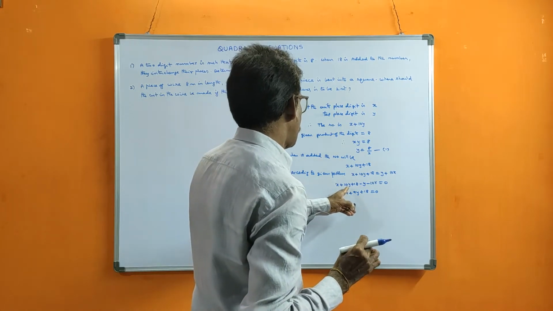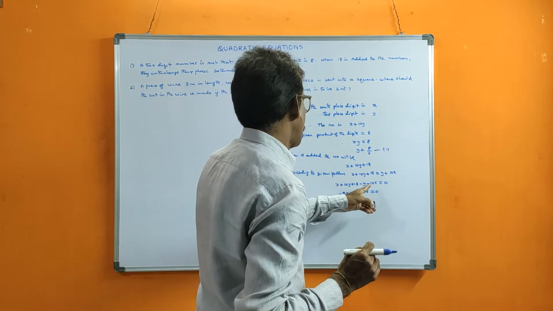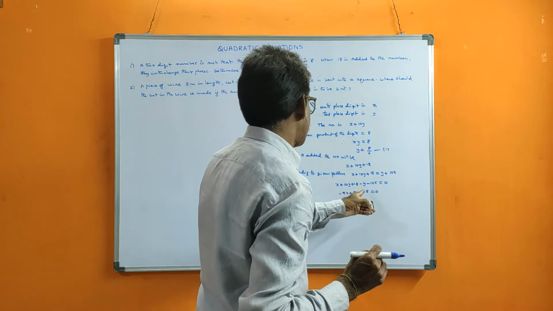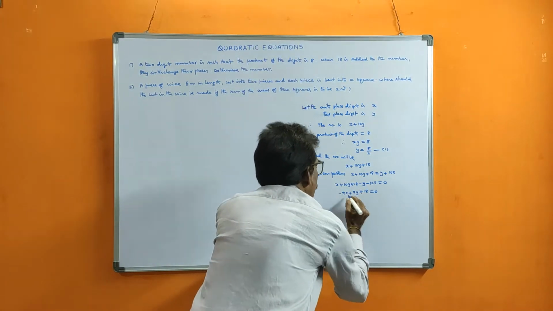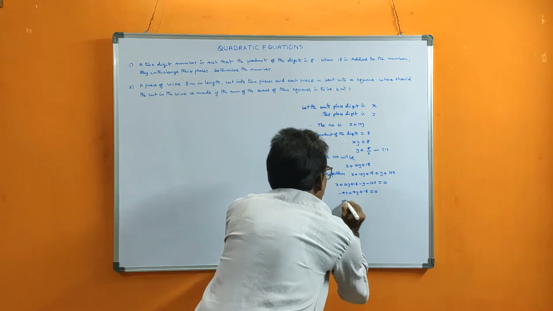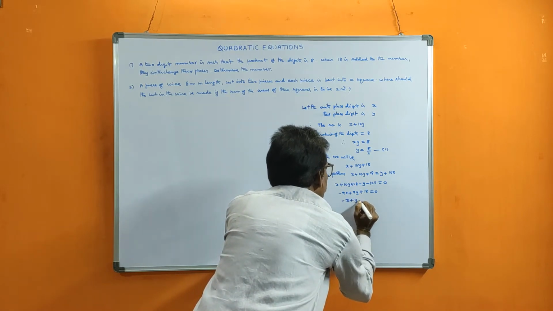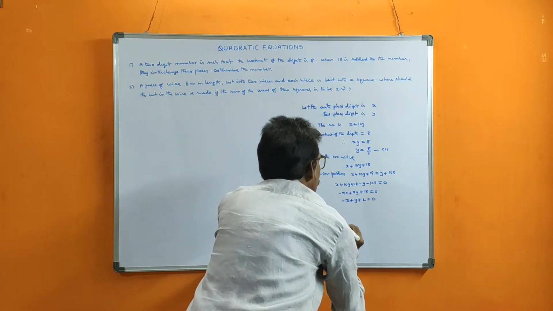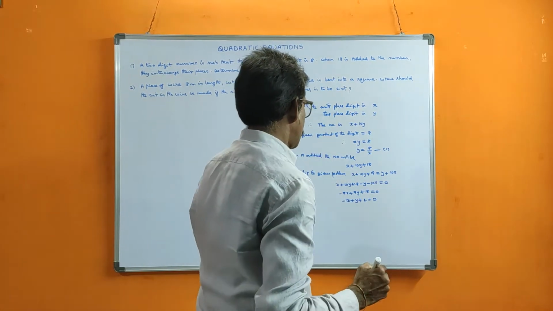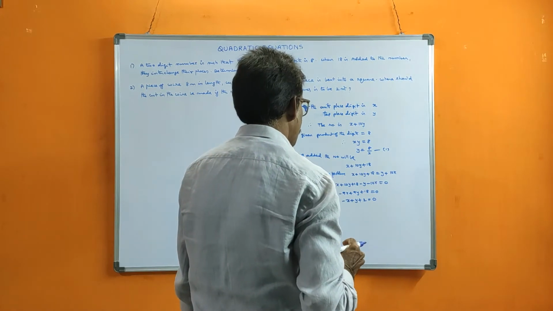So minus 9x plus 9y plus 18 is equal to 0. Now we can divide by 9, since it is divisible. So minus x plus y plus 2 is equal to 0. This is the equation.